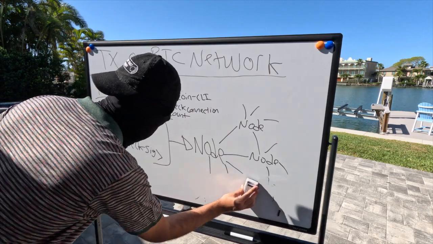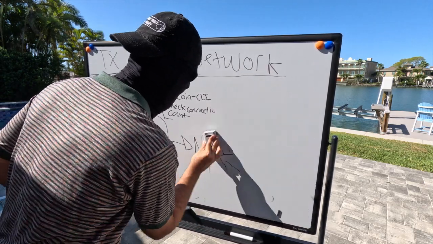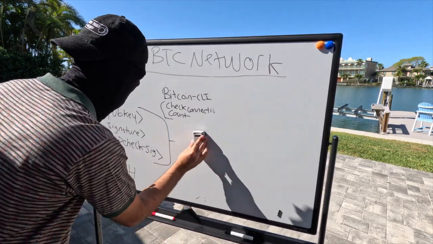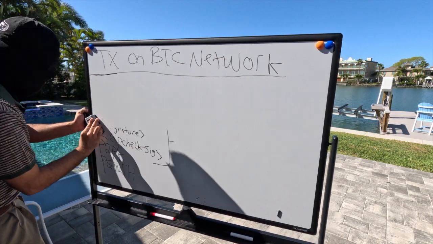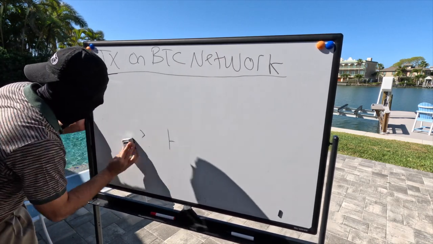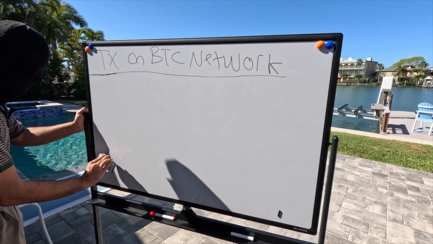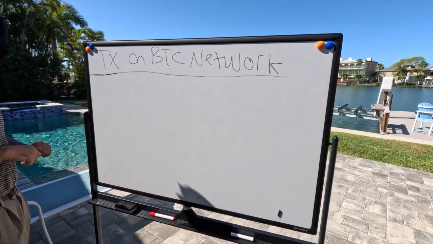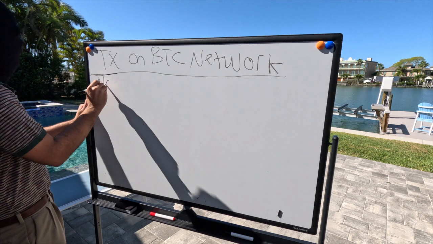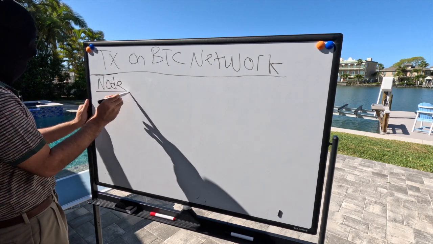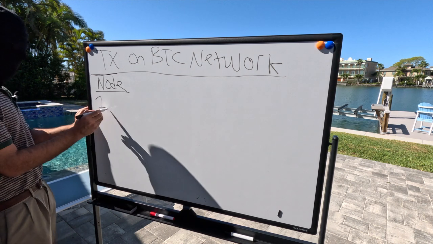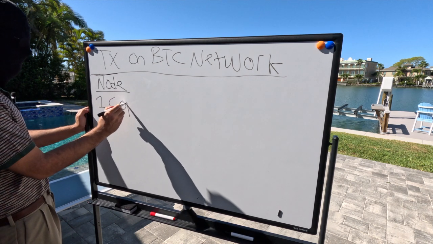So now that you have a basic understanding of how a transaction looks like, we'll dive deeper into what a Bitcoin node is. All right. A Bitcoin node, a full node, has a full copy of the ledger.